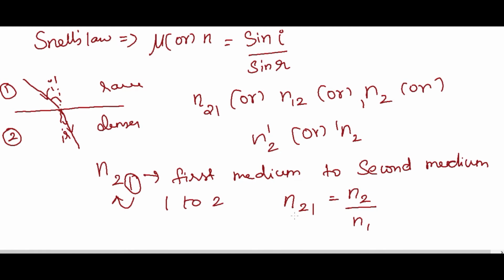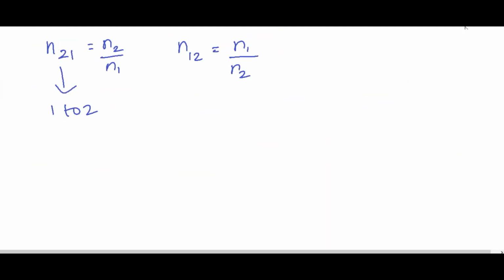So what is the trick here? In which way are you going to remember this? Whether this representation is apt for this diagram or not. These many questions are arising in your mind. Let me tell you how you can remember that. Here you can see n21 means it is 1 to 2.